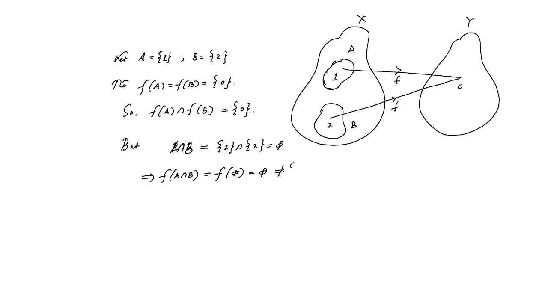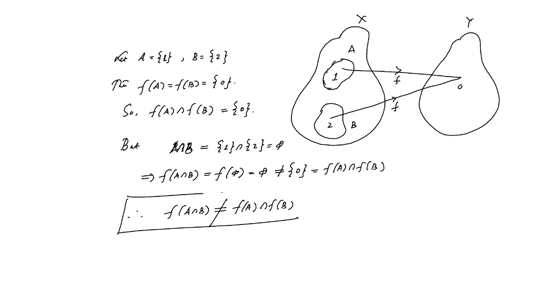So it is not the singleton set {0}. That means it is not fA intersection fB. So what we proved here: f of A intersection B is not equal to fA intersection fB. So for intersection, the image of the intersection is not equal to the intersection of the individual images.